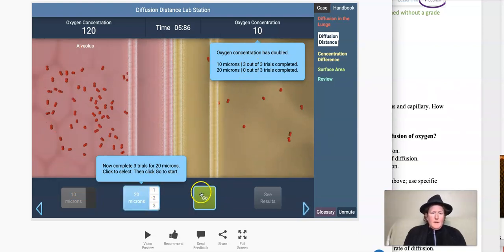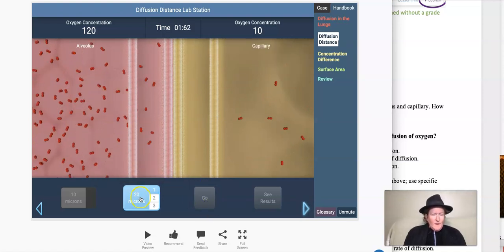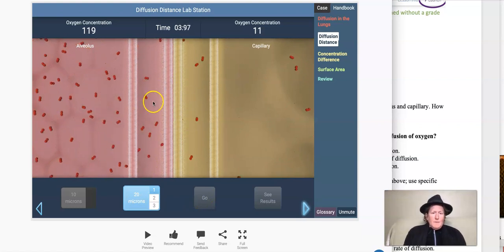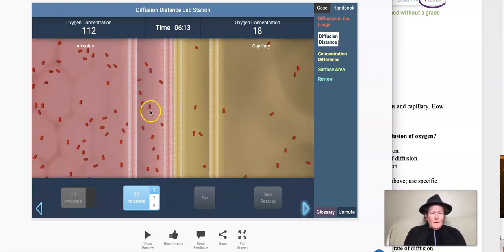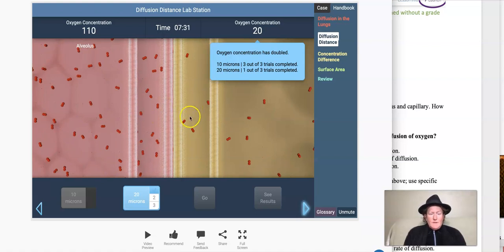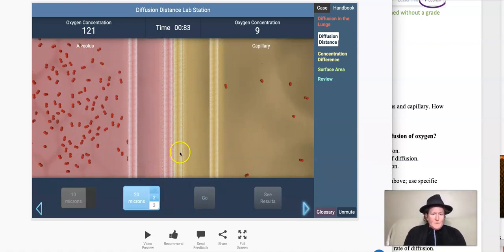So now we're going to increase the distance to 20 microns. We're going to swell up these membranes here. We're going to make them further apart. And the distance gets longer for the oxygen to travel.